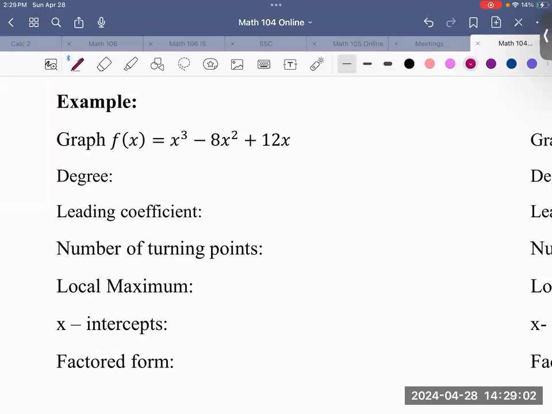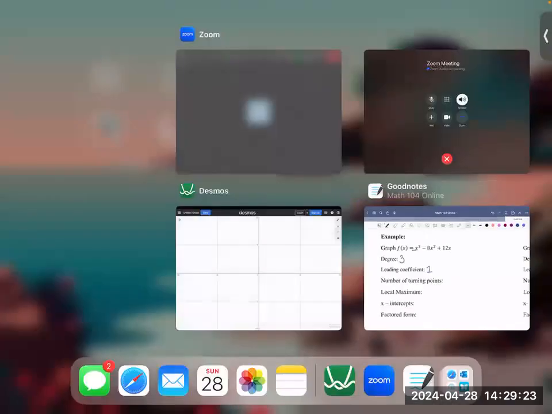So lots of things that we can ask you. Degree is the highest power, which we can see clearly as 3, which means your leading coefficient here is 1. Now, the number of turning points, at most it can have is 2, but let's see this visually on a graph.